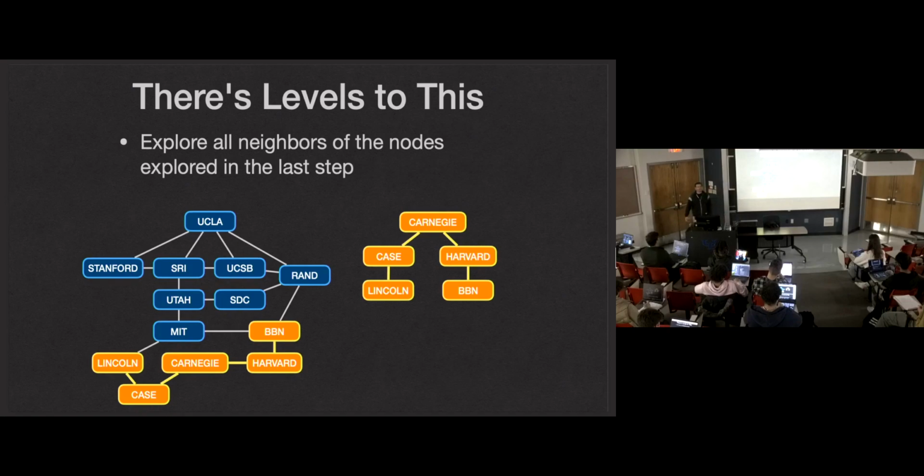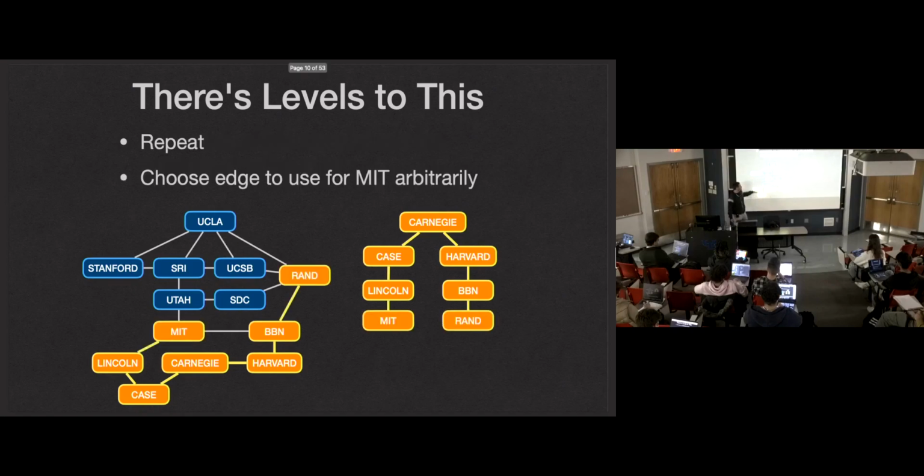In these cases, we can break the tie arbitrarily. So we have to pick one of these 2 edges to take. I'm going to choose Lincoln to discover MIT. And then this edge will not be used in the final graph. So this edge that does exist, I'm not going to put in my final graph here because I didn't use it in the algorithm.